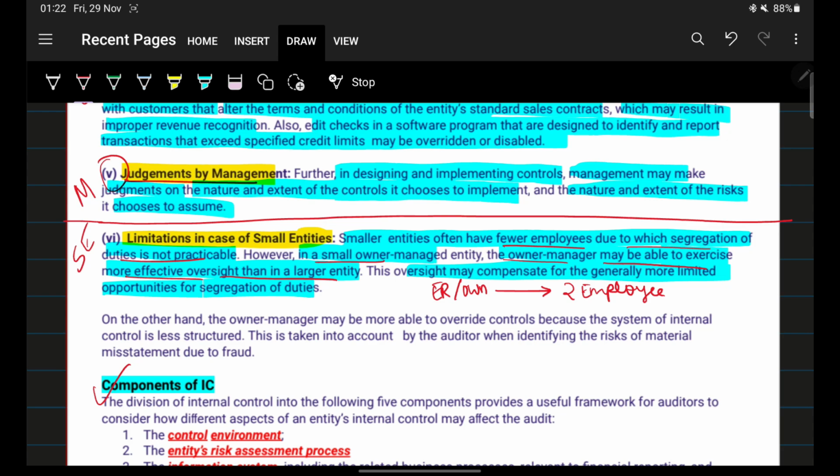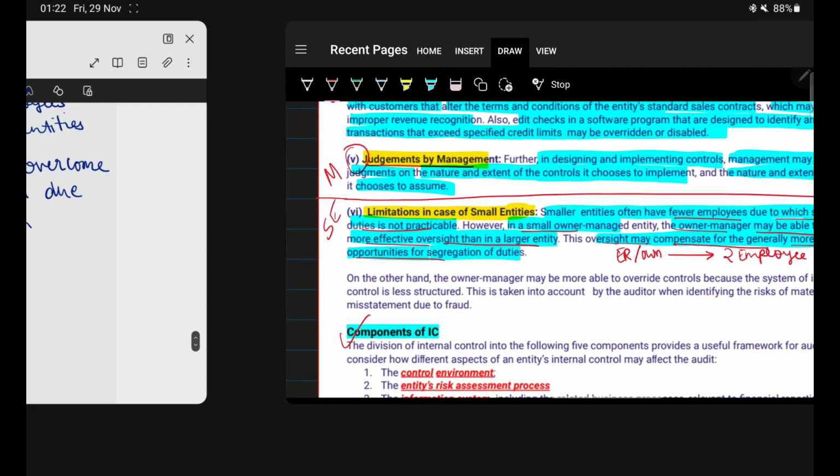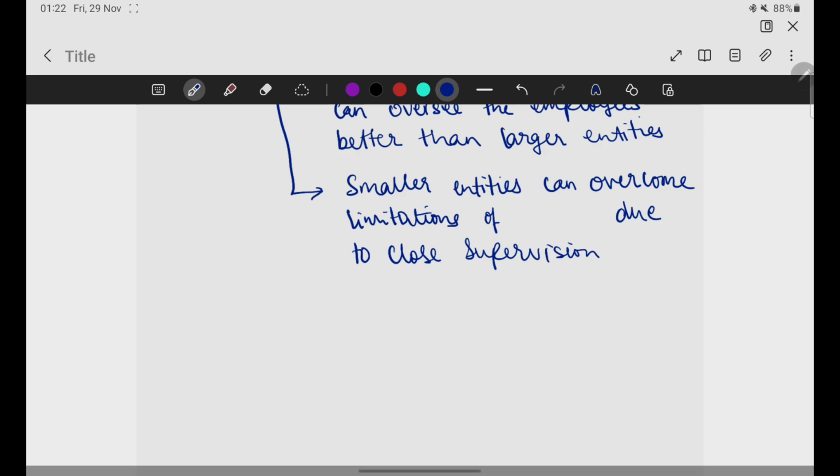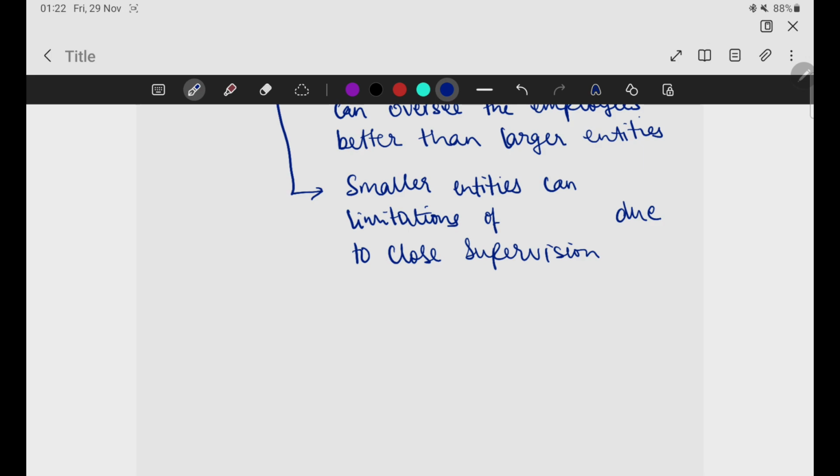The oversight may compensate for the generally more limited opportunities for segregation of duties. Here we have written limitation of control, but it's not overcome, it compensates. So smaller entities can compensate for limitations of segregation of duties due to close supervision.